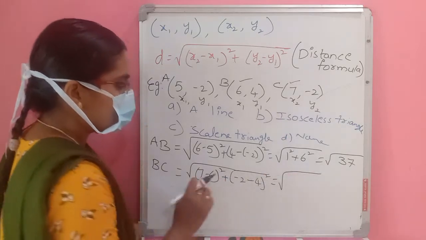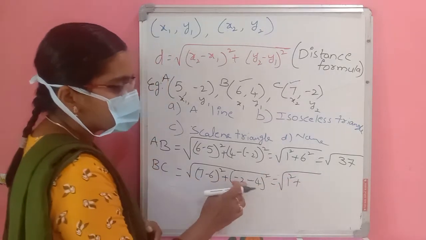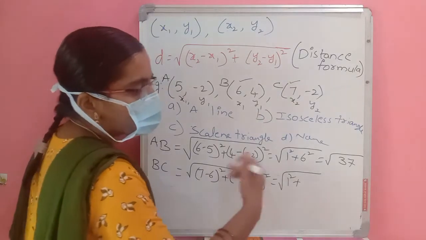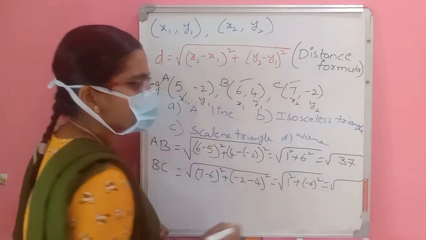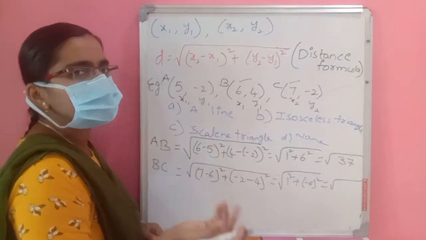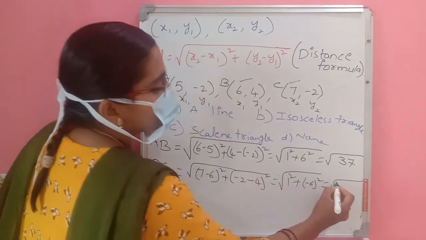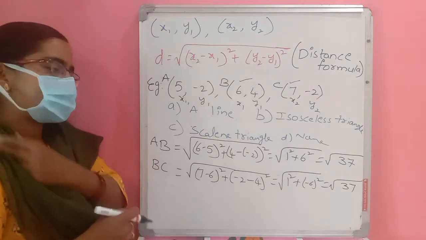That is equal to 7 minus 6 means 1 square plus minus 2 minus 4, minus 6 whole square. Again same. 1 square means 1, minus 6 whole square means minus 6 into minus 6, minus into minus plus, 6 6s are 36. 36 plus 1, 37, square root of 37.